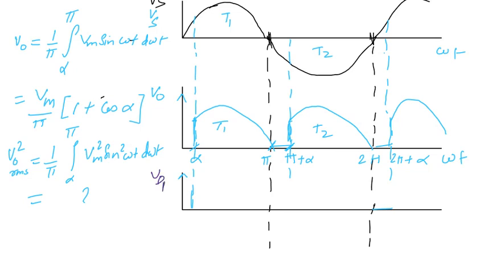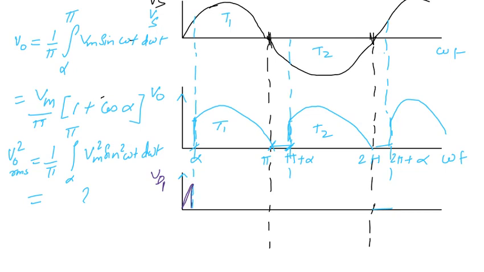VD1, from 0 to alpha, as the transistor is not on, the voltage will be Vs only.